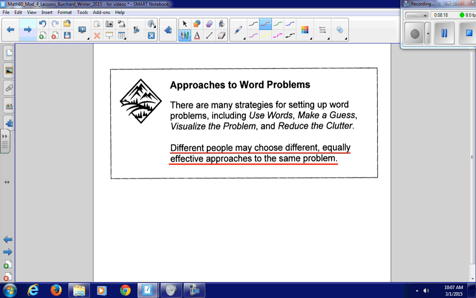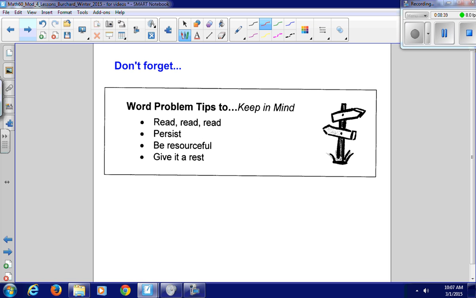So if you take 4 or 5 really good mathematicians and you have them approach the same problem, they're likely to come up with 5 different ways to do it. And some of those approaches will be very creative, and you may come up with that too. So don't try to get the same approach as anybody else.